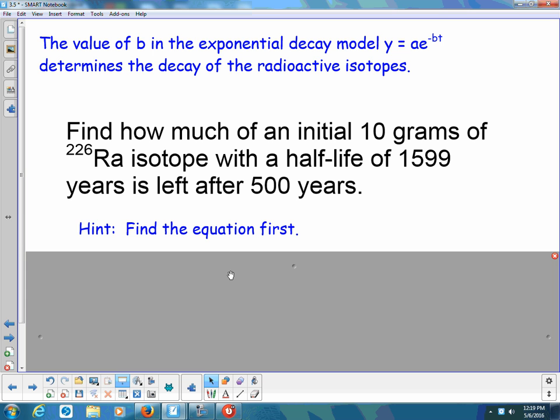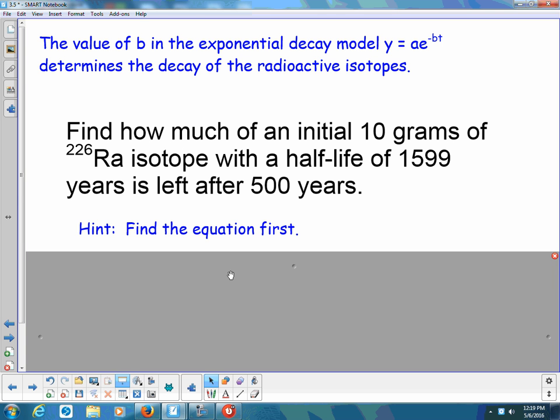Hint, we need to find the equation first. This one is not on your gift, so you're going to put this one in your notes.